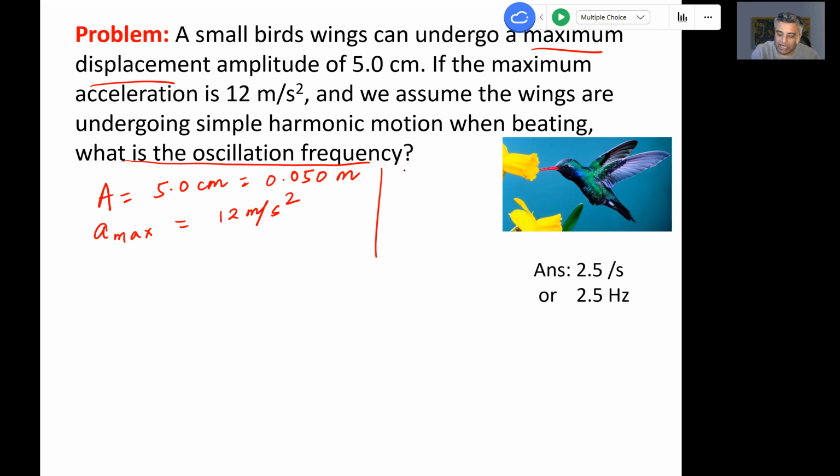There are two kinds of frequencies, omega and f. What is this question asking? When it says frequency, that means it's asking this. For this, it would say angular frequency, okay? So when it simply says frequency, it's just this frequency we are talking about, okay?